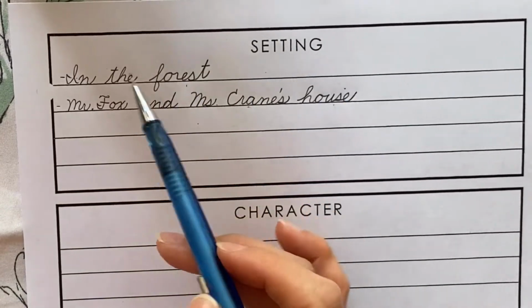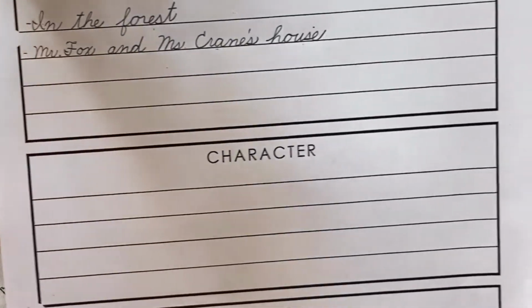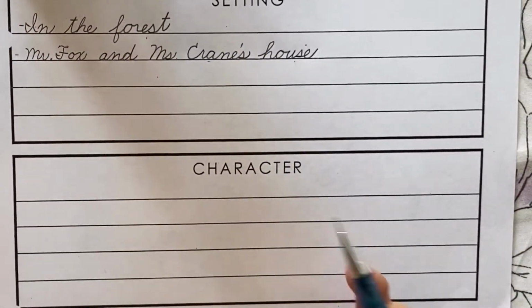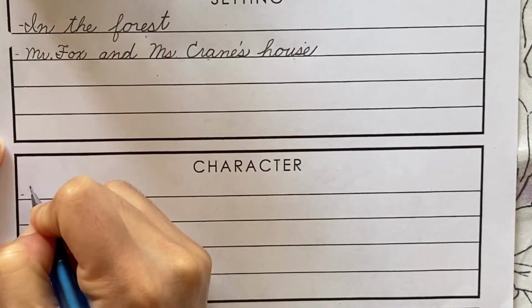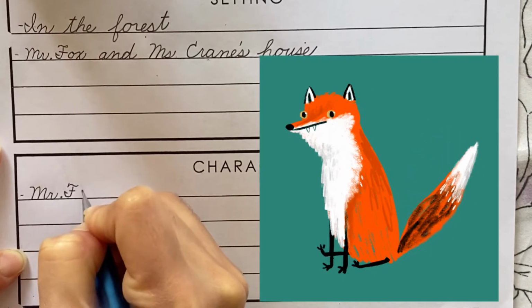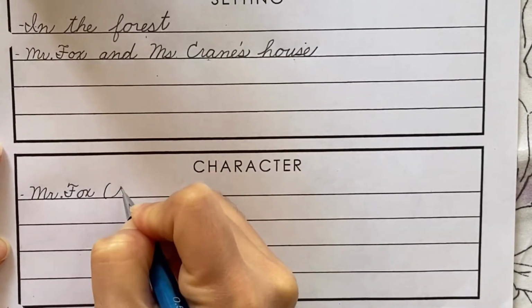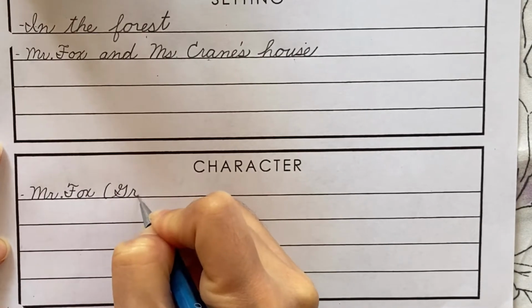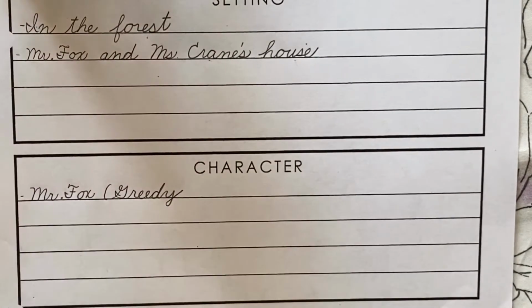And as you can see in my setting, the characters, I'm only going to have two main characters. Okay, so those characters are Mr. Fox. Mr. Fox is a little greedy. He's a greedy fox.